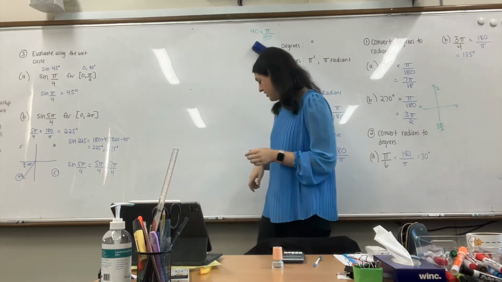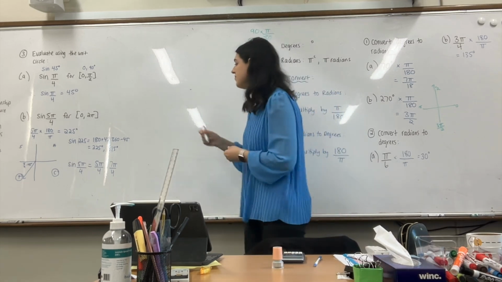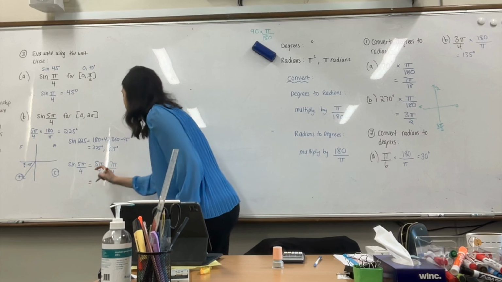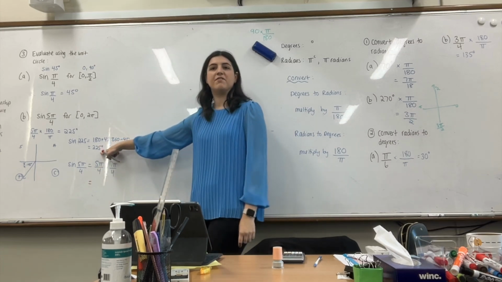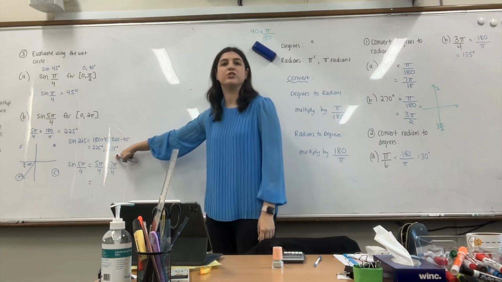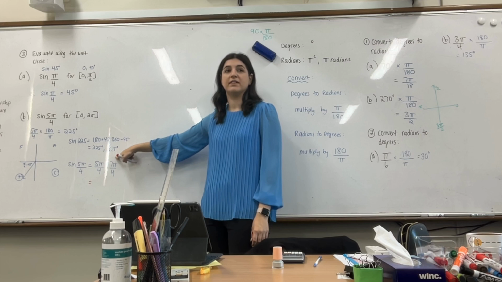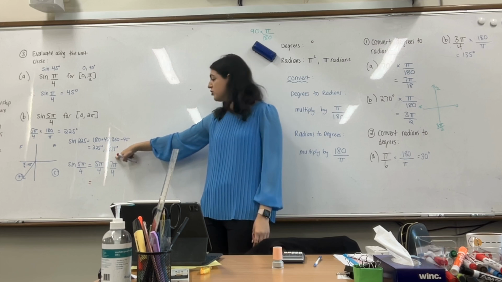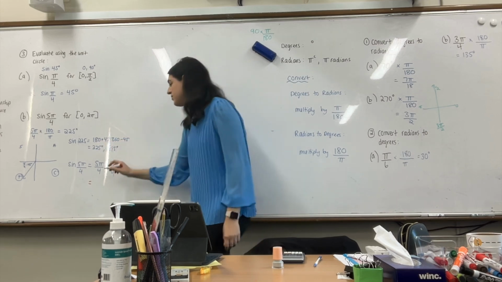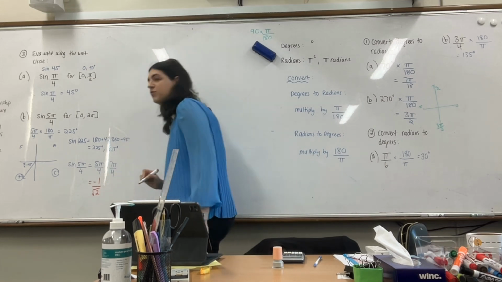Now here, I'm going to write this in a different colour. Maybe I'll go with red. If I think of 225, if I think back to my perfect triangles, what is sine 45? Any ideas? 1 over root 2. Good. So here, can we see that if I simplified it, it would also be negative 1 over root 2?